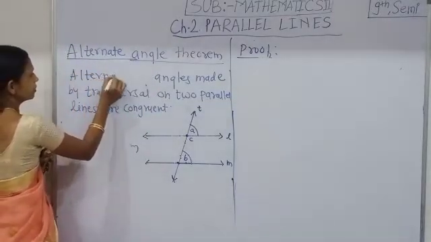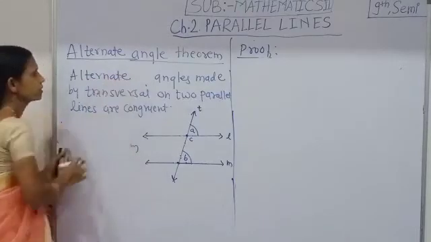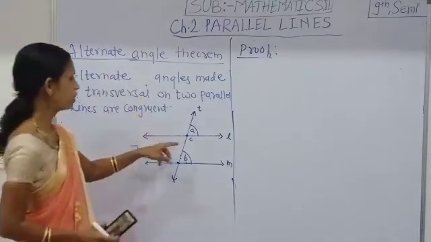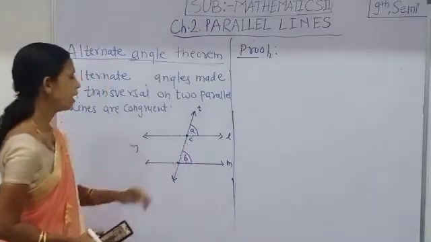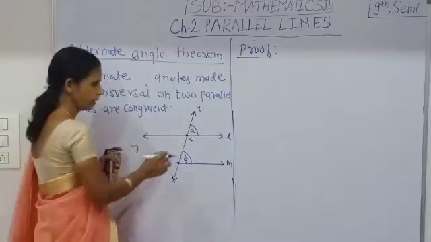Alternate angles made by a transversal on two parallel lines are congruent.